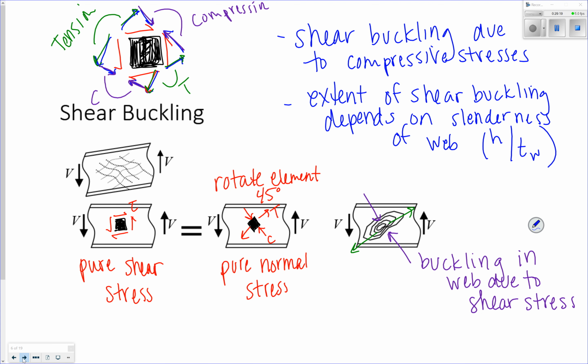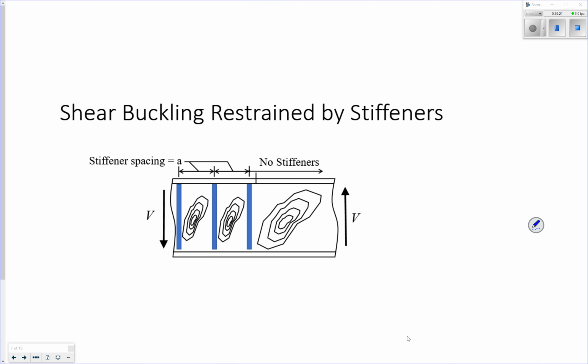Now, one way to help combat shear buckling is to add stiffeners. This is the side view.